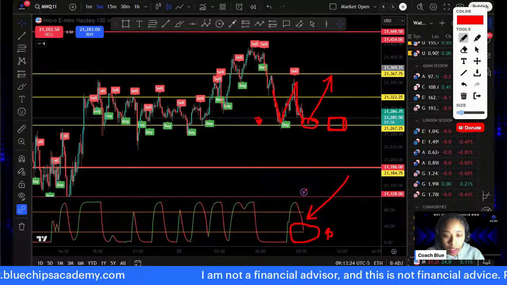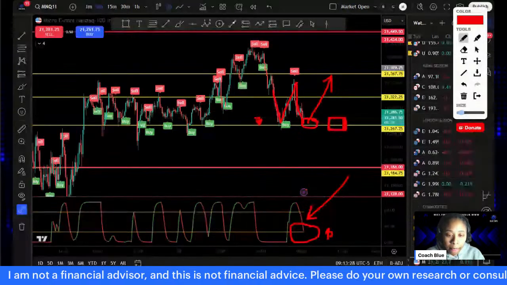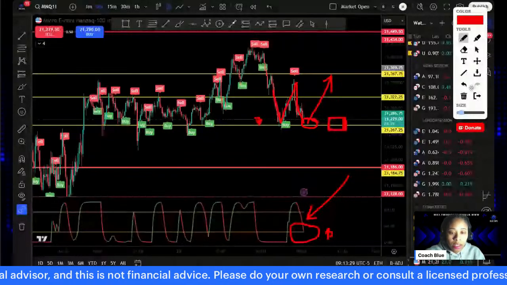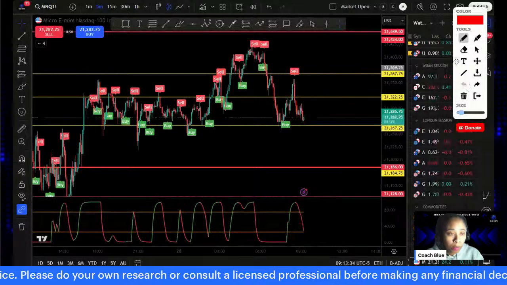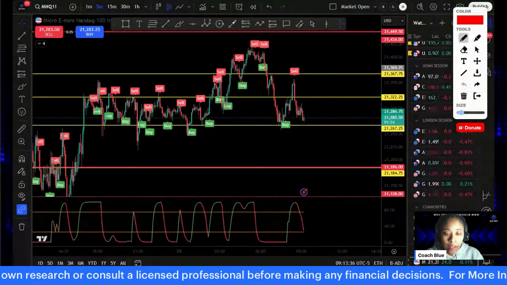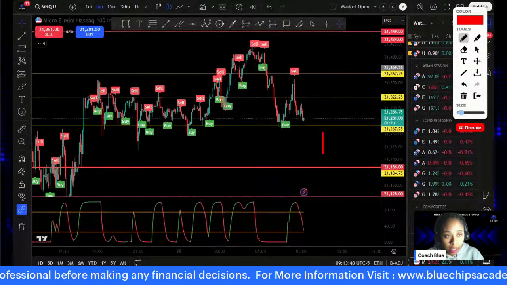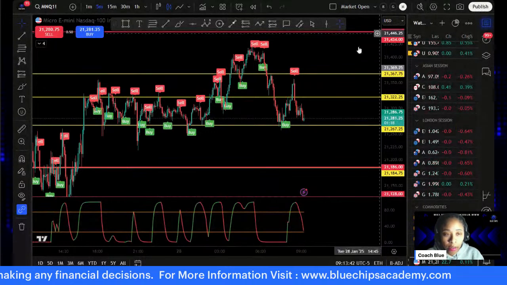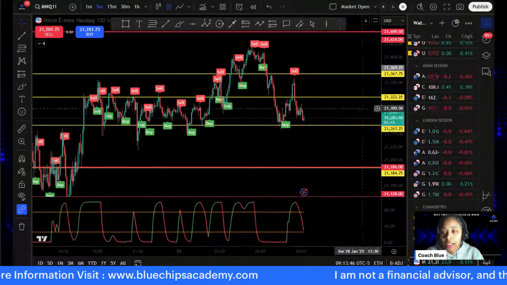Do we get a nice strong bullish candle as a layer of confluence to give us confidence that it's going to go up, or is it going to break through? Okay. Bullish candles just basically means a strong green candle. A strong bearish candle is a strong red candle. Okay. All right. And so that's how we look at that.